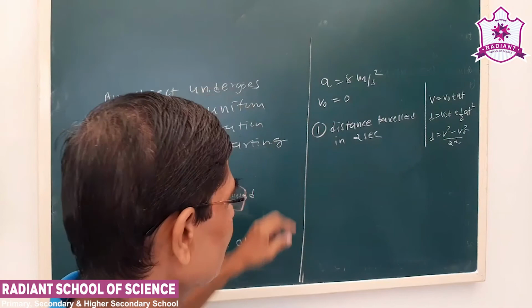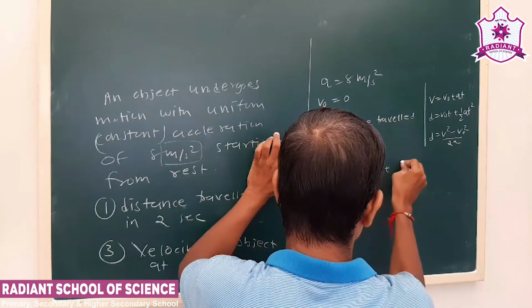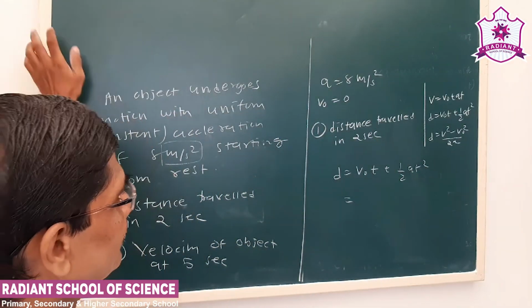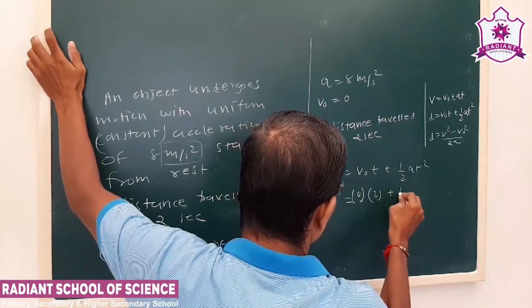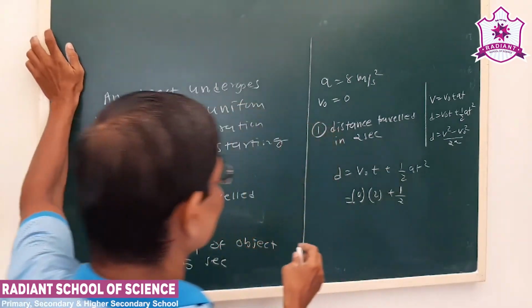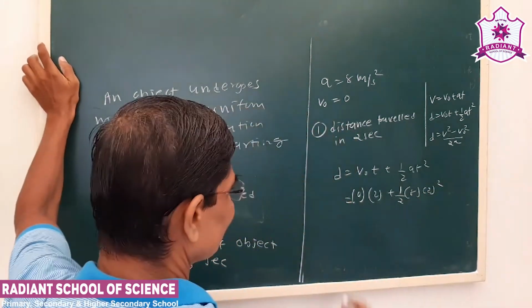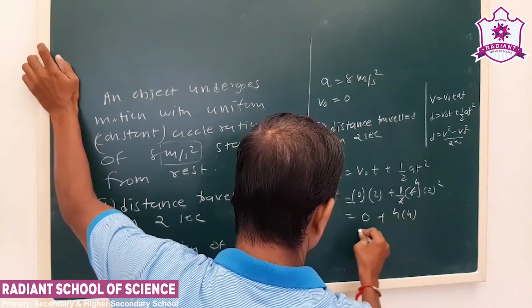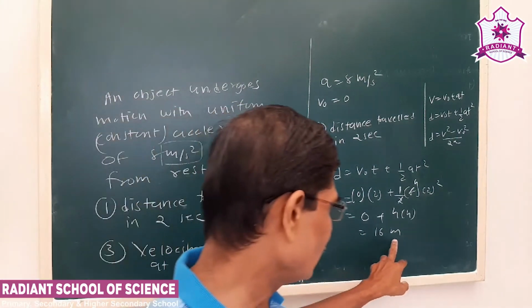So we use this equation, D is equal to V0 T plus half AT square. Starting from rest indicates that the initial velocity is 0, time is 2 seconds, 1 by 2, acceleration is 8, and time is 2 seconds. So 0 plus. Writing the unit is also very important.